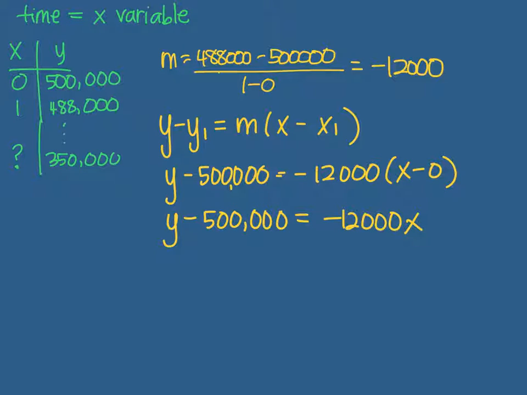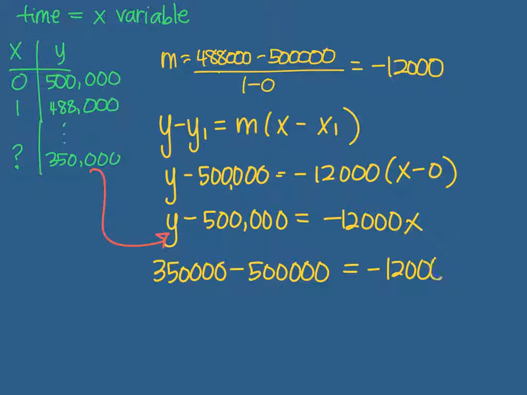And that's far enough for me to be able to answer the $350,000 question. Because where do I sub the 350,000 into? Not x. x is a time. And so 350,000 is a y value. So 350,000 will sub in for y, minus 500,000 equals the negative 12,000 times the x.